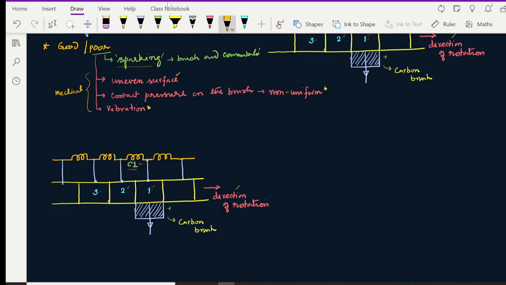So let us assume that the current from each coil at this time, call that as IC. Call the current flowing through a particular coil is IC.